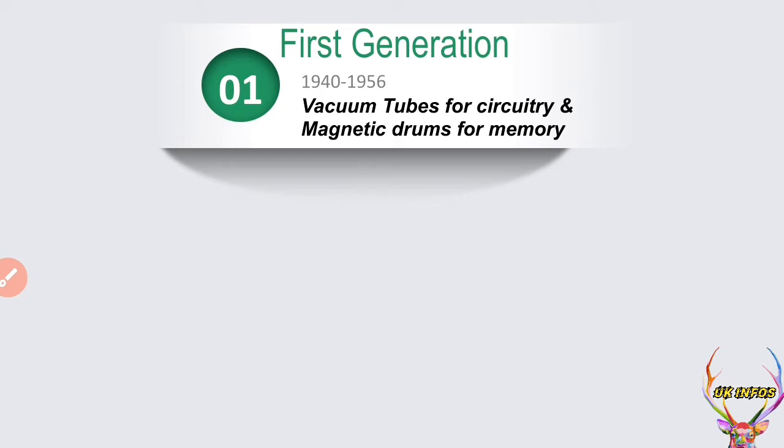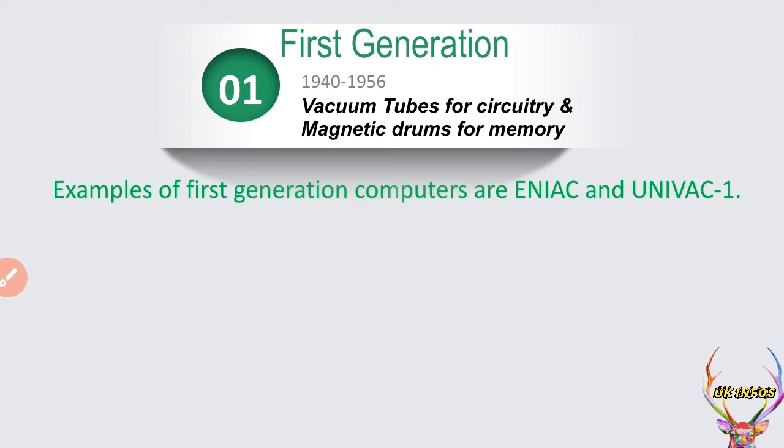Examples of first generation computers are ENIAC and UNIVAC.